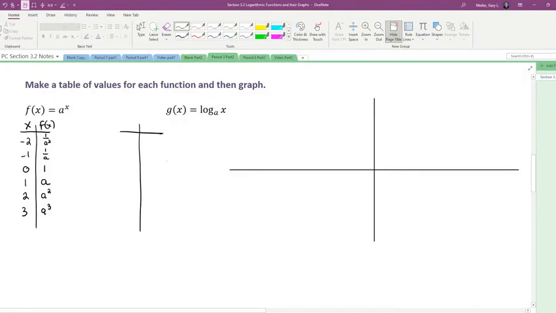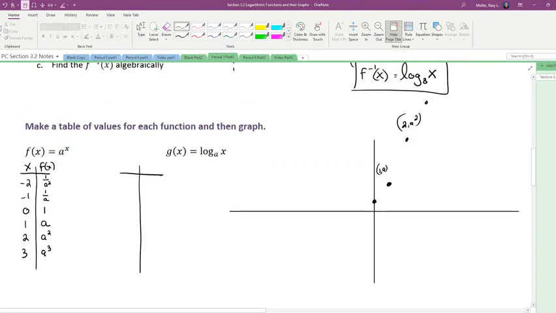So if I graph those points, I've got 0, 1 over 1, up a over 2, up a squared over 3, up a cubed over 4, a fourth, 5, a to the fifth.